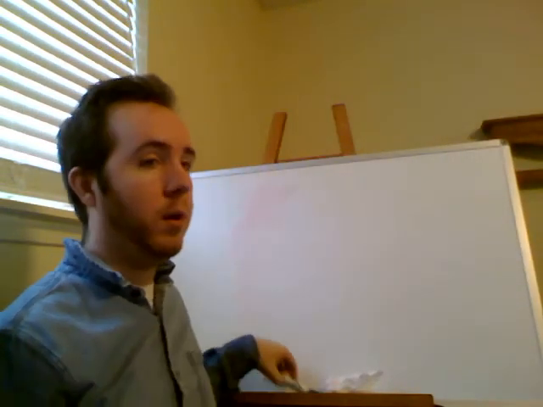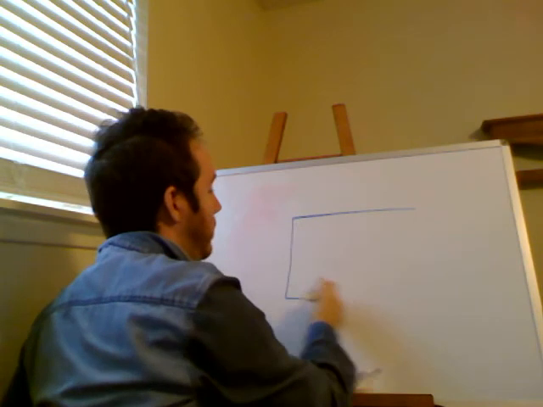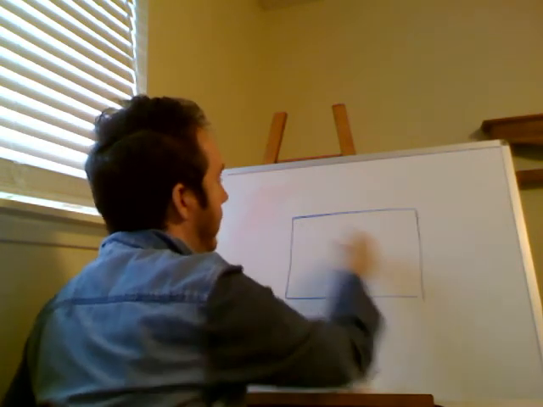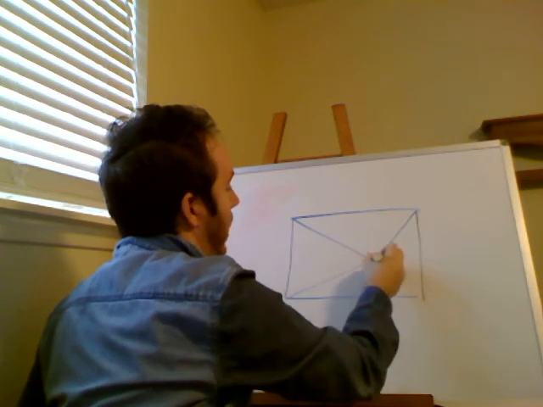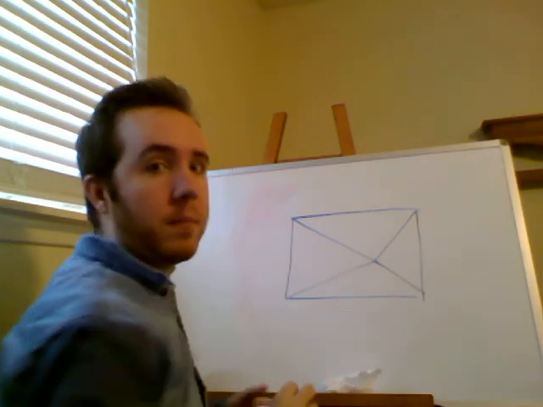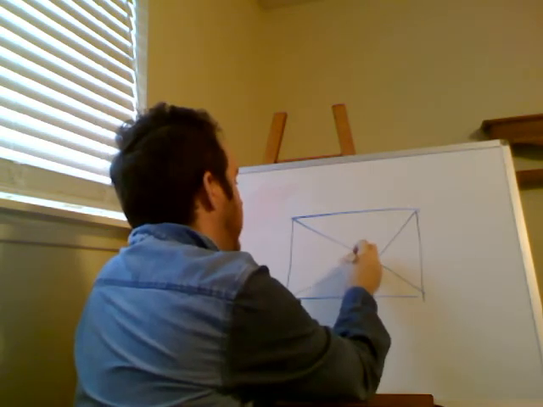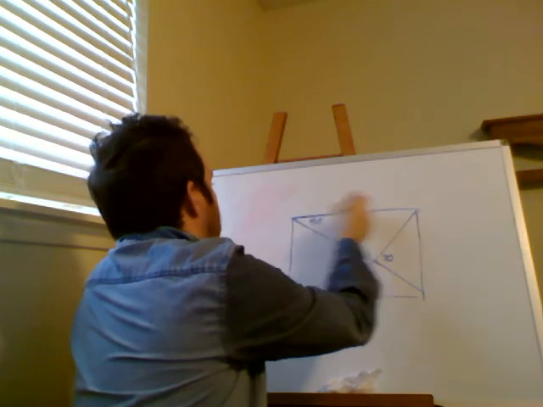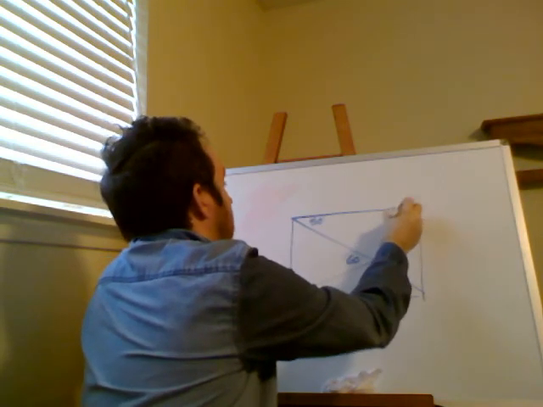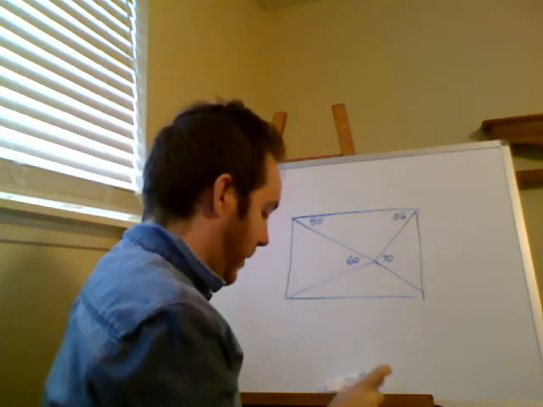But, so we're going to do this. If we look at this picture, you're given four angles. This one, this one, this one, and this one. Okay? And we are only given four measurements. But we have to find 8 different values.